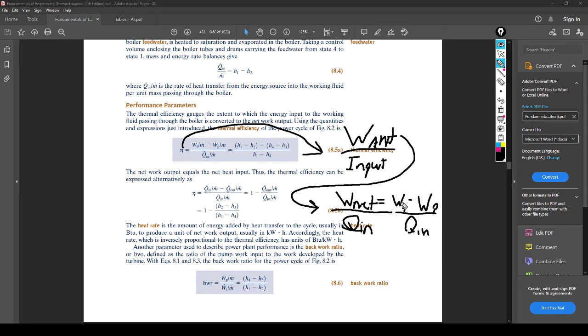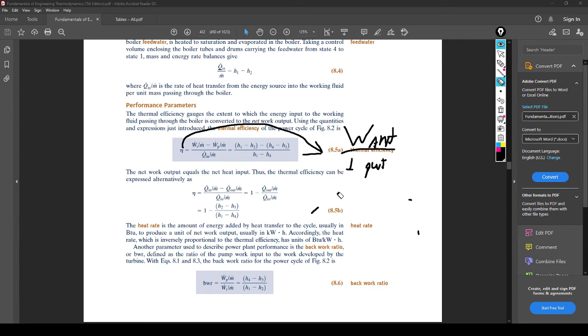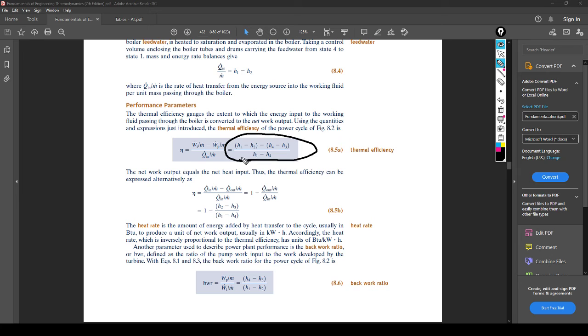So this right here is your thermal efficiency. It is what we got out and what we had to put in, same as all other efficiencies that we've done. And in terms of numbers, you don't really need to worry about that right now, because if you get all caught up in these numbers, like, is it H2, is it H1, you get confused in later cycles because these numbers change.